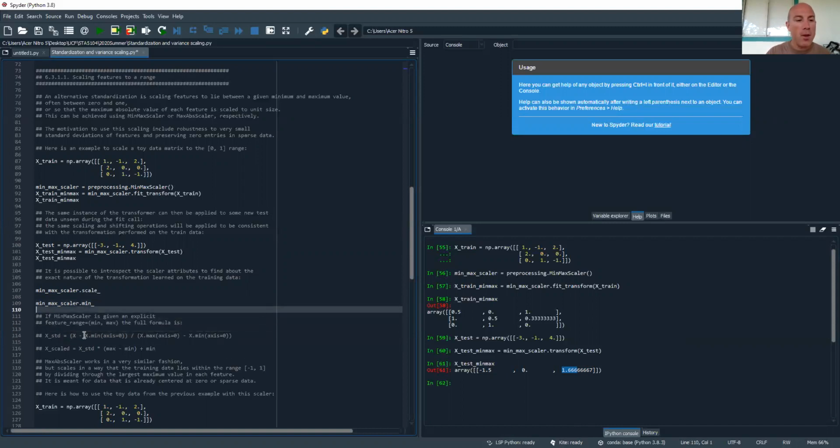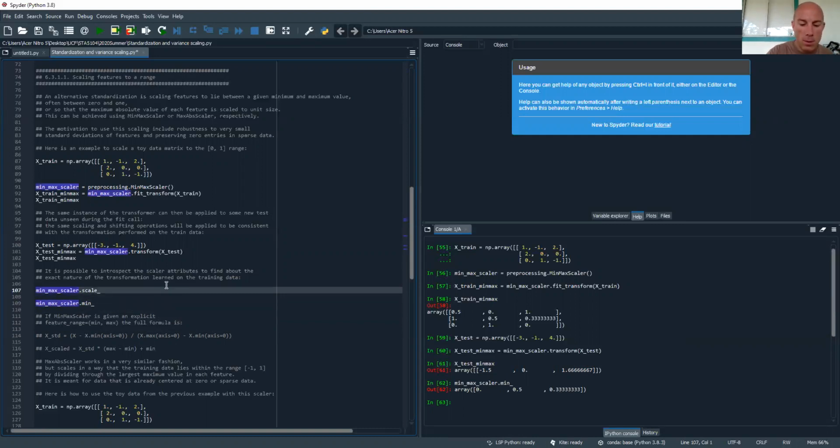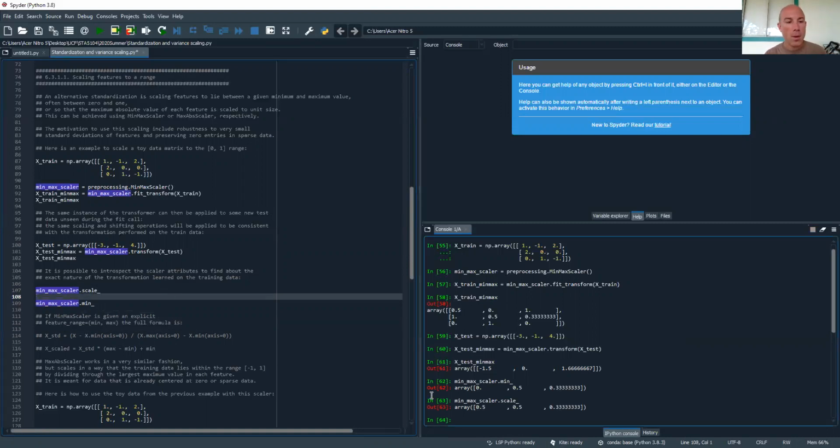So the first thing I need to know, if I'm looking back at it and I want to see what's going on, is the minimum. Well, it's 0, 1/2, and then 1/3. And then, what is the difference between the maximum and minimum ranges? And here we go.